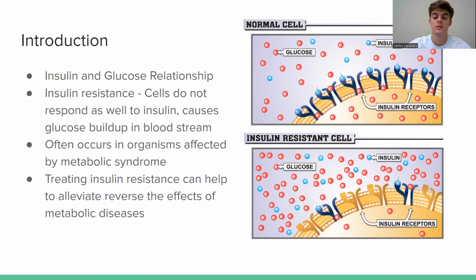If we are able to treat this insulin resistance, it can help to alleviate and reverse these effects of said metabolic diseases, as it will help to allow more glucose to enter the cell, bring blood sugar levels back to a more normal range, and allow the body to function more properly.